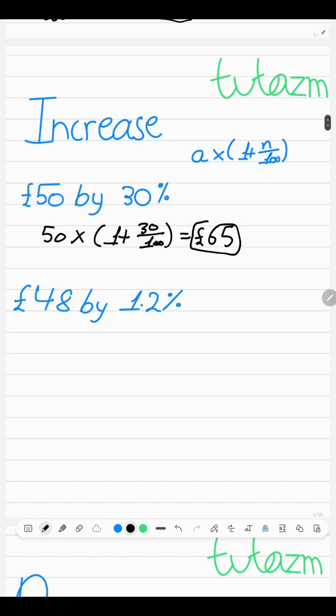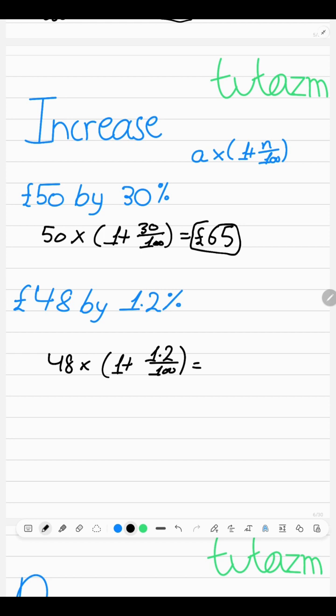We can do the same with the second one here, so we'd have 48, which is our original value, and multiply that by 1 plus 1.2 over 100.